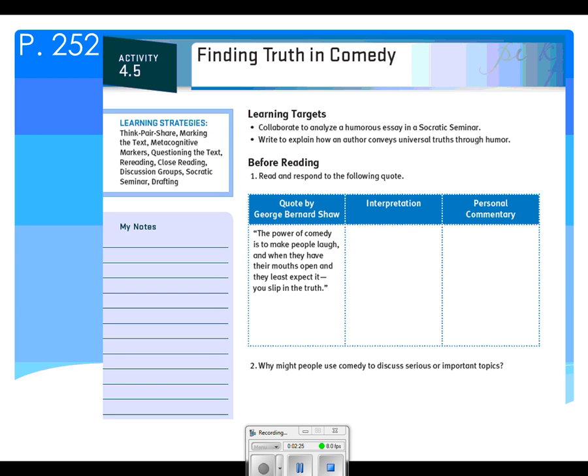And open up this thing to page 252. If you've got a highlighter, pull it out. All right, once you're at 252, take those learning targets, diffuse them, so break them apart.